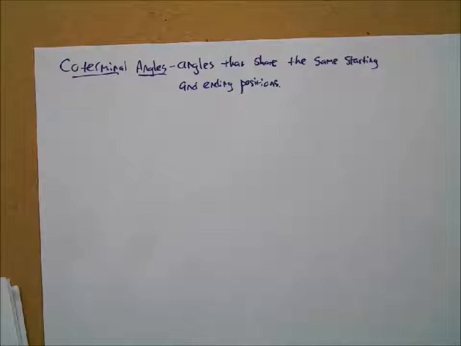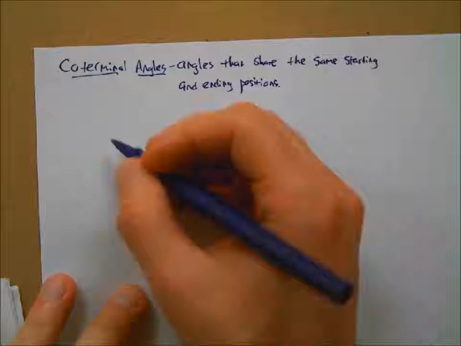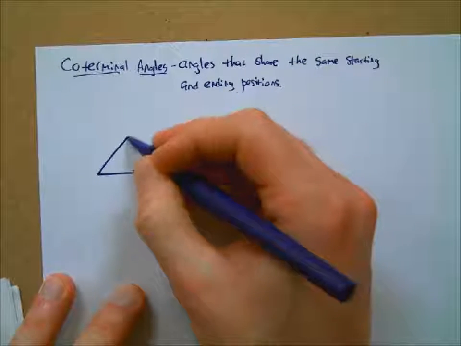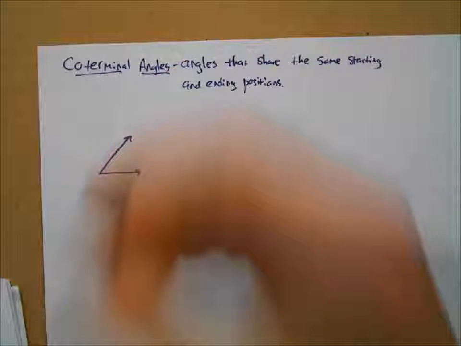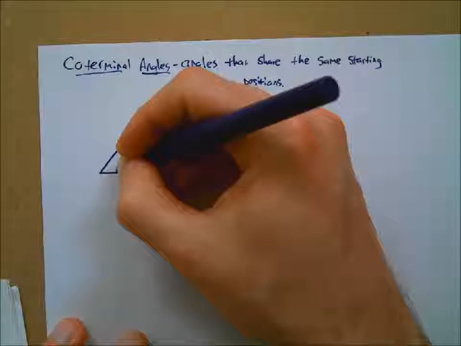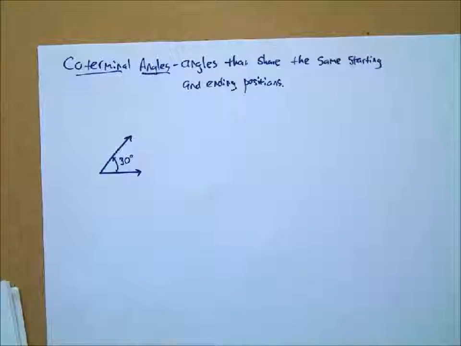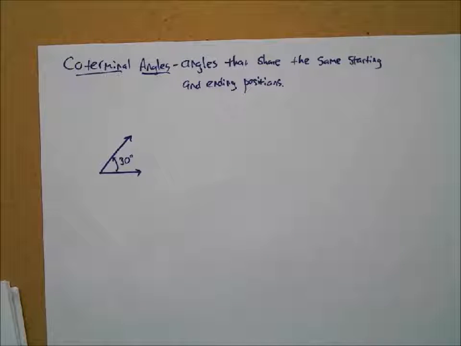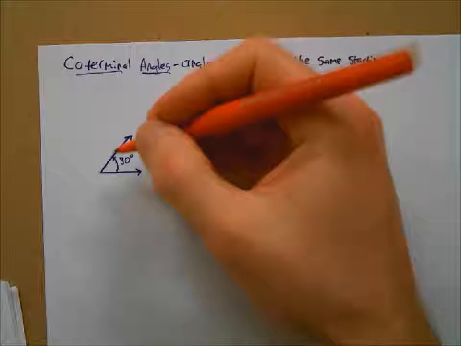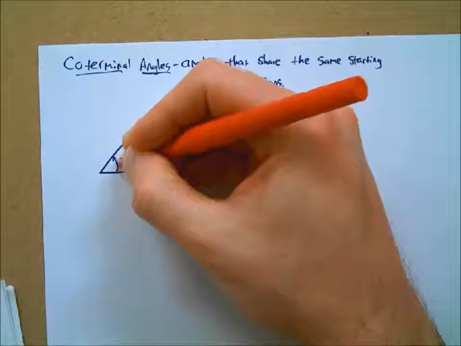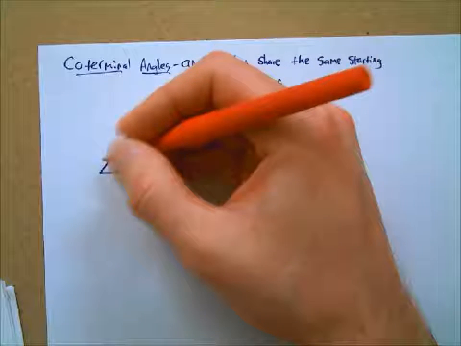So for an angle like this, we might label that angle as like 30 degrees. And we wouldn't be wrong there. But if we start here again on this ray, and we rotate that 30 degrees to create the angle, but then let me do it this way.